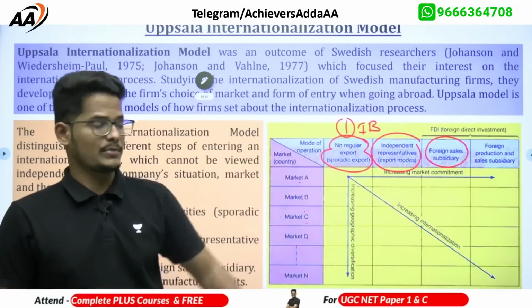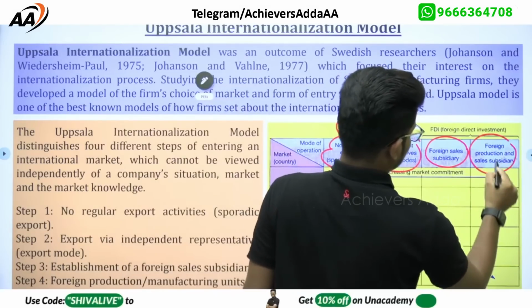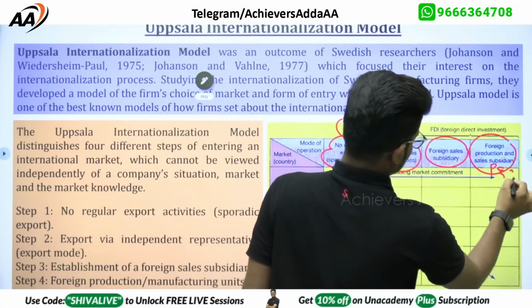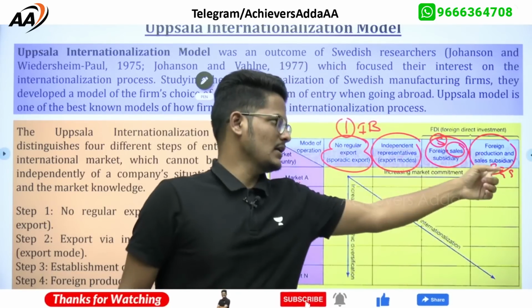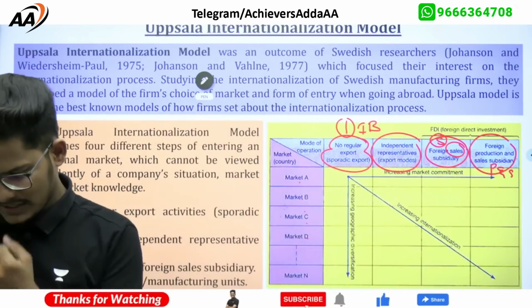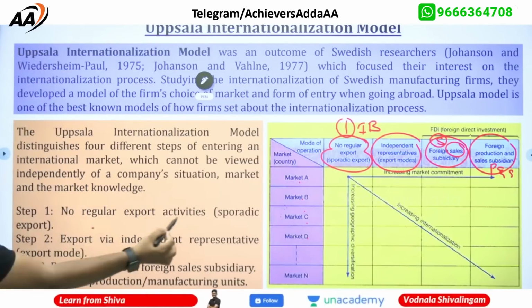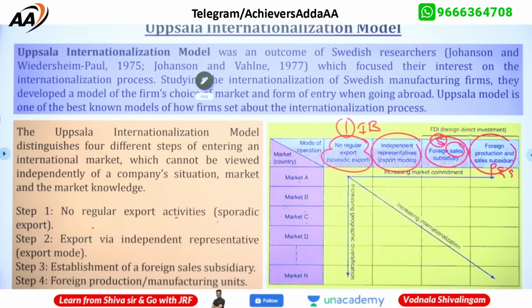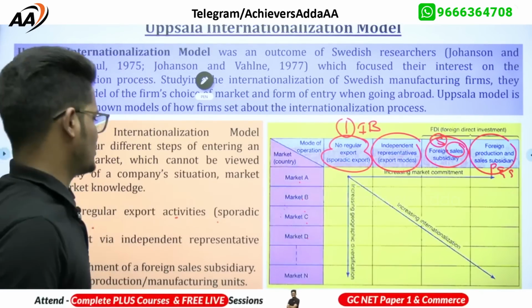This is only sales; you will be setting up a sales subsidiary here. The final one is production and sales both. Manufacturing setup will also be done in the final stage. That comes under the Uppsala model, four stages. First, no regular export, sporadic; export via independent representative; establish a foreign sales subsidiary; and foreign production and manufacturing units are the four stages. These stages got asked in the 2021 examination.